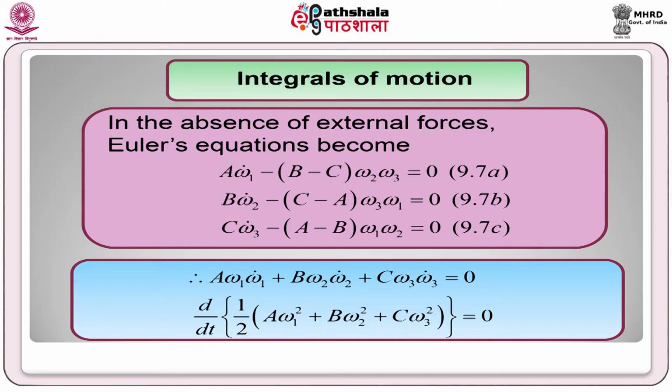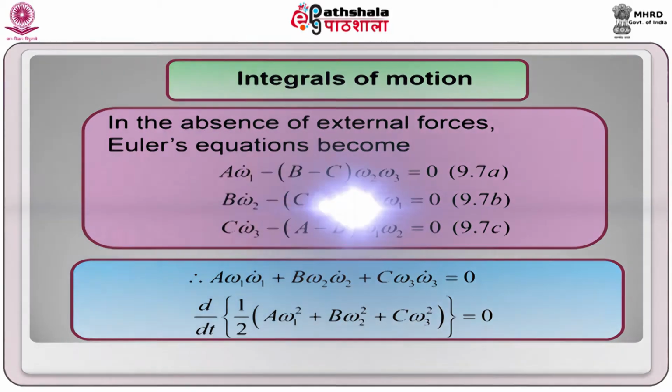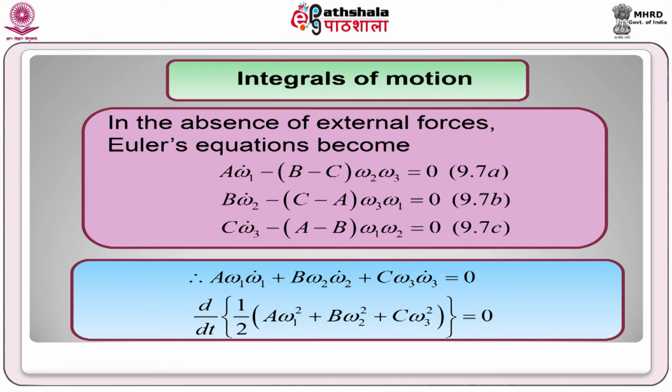Therefore, the components of N_O vector, that is capital N1 becomes 0, capital N2 becomes 0, capital N3 becomes 0. Putting these values in Euler's equations of motion, we get these three equations. We have already obtained Euler's equations of motion, just substituted the value of capital N1 equal to 0, capital N2 equal to 0, capital N3 equal to 0.